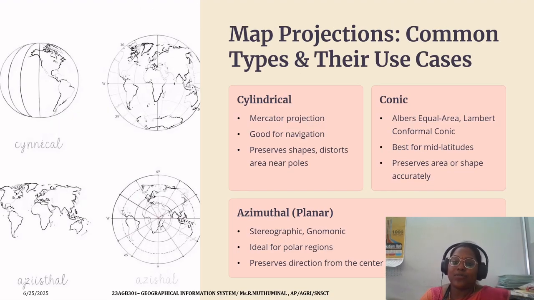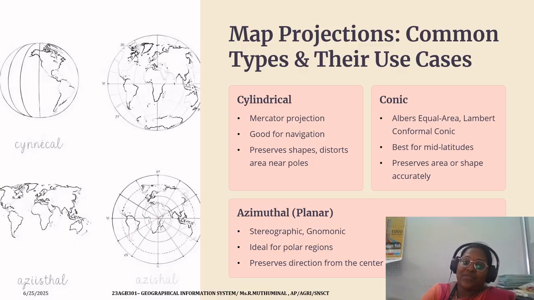The common types of map projections are cylindrical, conical, and azimuthal, as I have shown here. The cylindrical usually considers the Mercator projection.